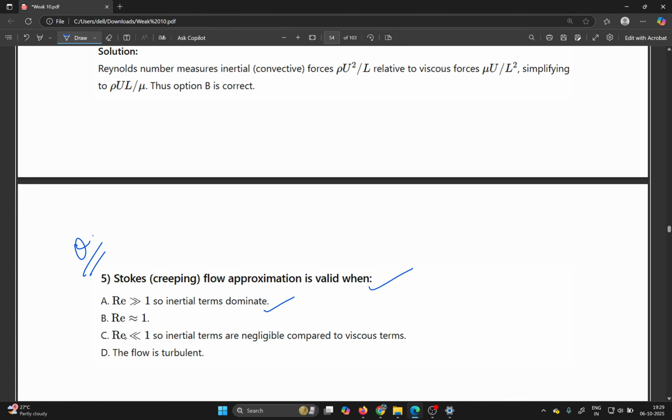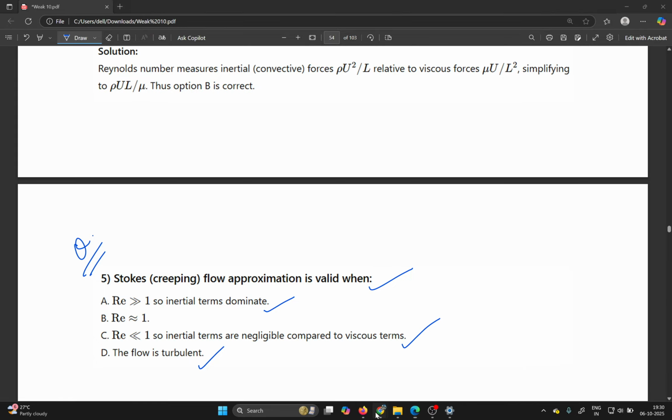Option C: Reynolds number less than 1, so inertial terms are negligible compared to the viscous term. Option D: the flow is turbulent. Stokes, that is the creeping flow approximation, is valid for which Reynolds number condition? So please think on that.